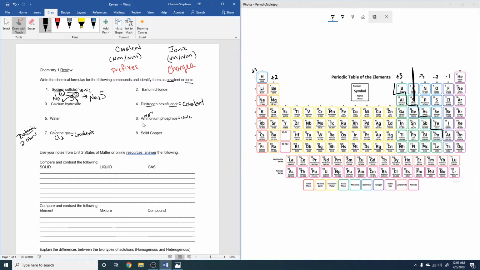Okay, now let's do another ionic. So whenever we have these polyatomic ions, these are the ones that we need to put in parentheses, right? NH4? I left out a 4 earlier, I apologize. NH4 plus 1.